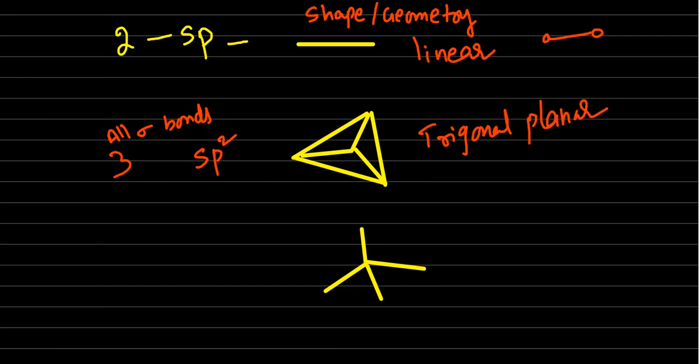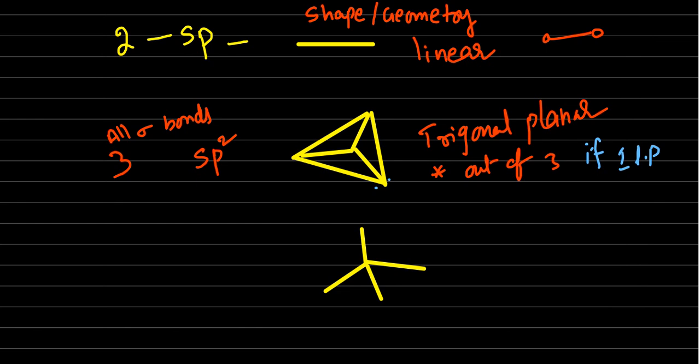Now case 1, note: out of 3, if one lone pair is there, keep the lone pair at any one of the corners, then take the remaining geometry.